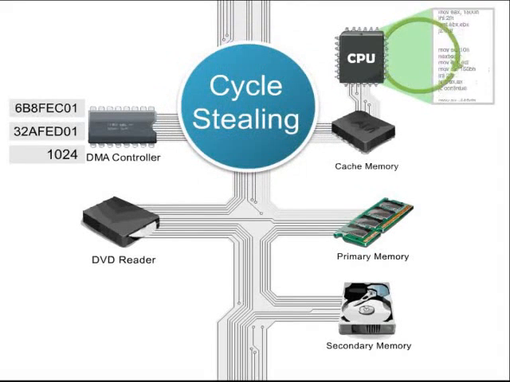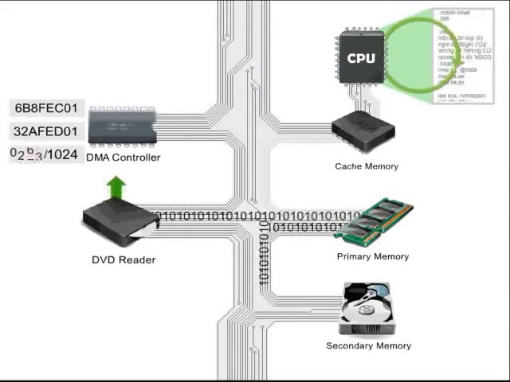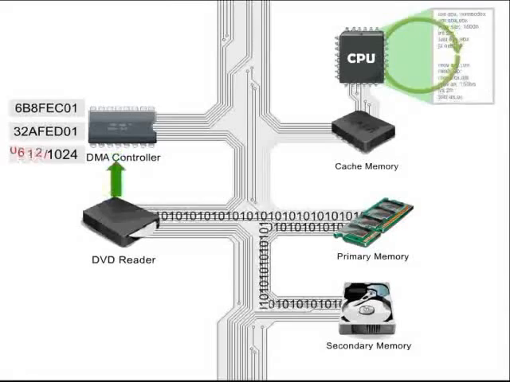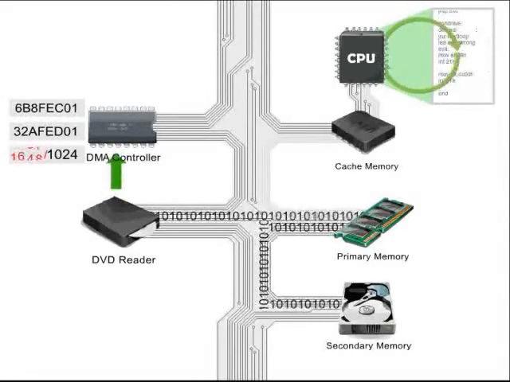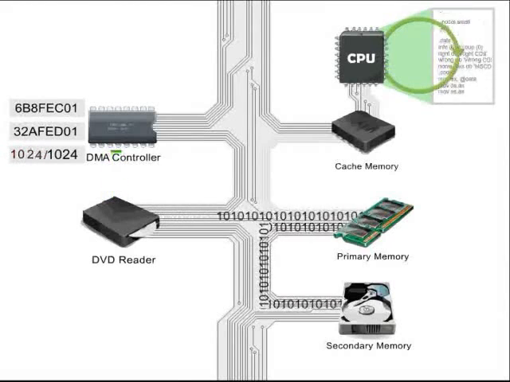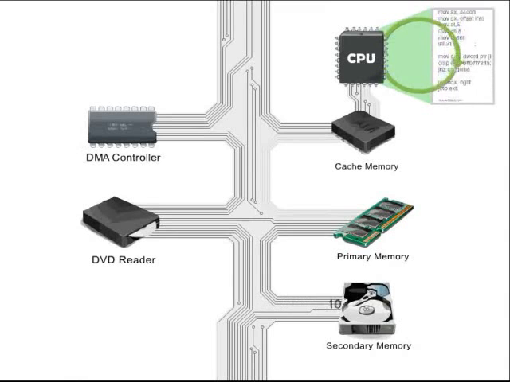Once the DMA controller gets control over the data bus, it reads the device, that is the DVD reader, for the total number of bytes to input. So what happens once the data transfer operation completes using DMA?